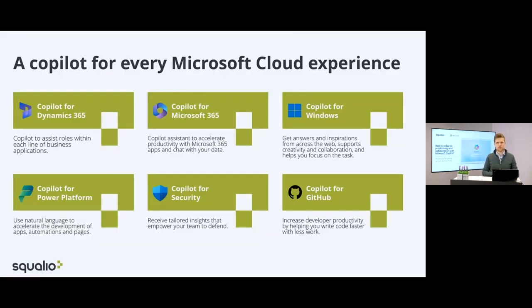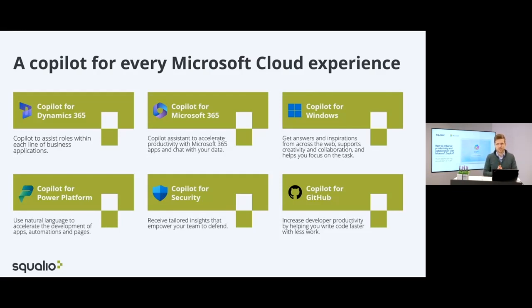And here's a list of some of the Copilots, because we would need another 10 minutes to go through each and every Copilot and for you to understand the slight differences.